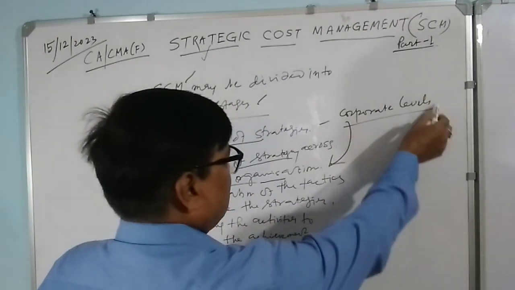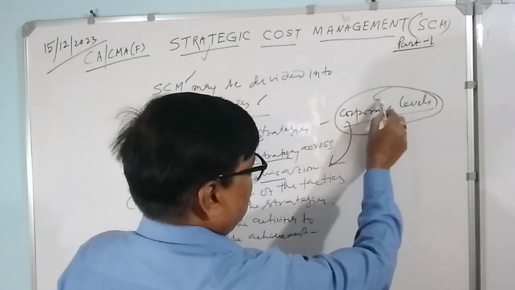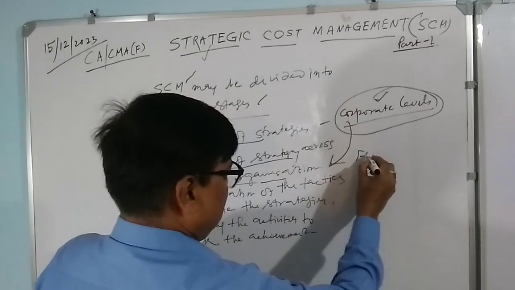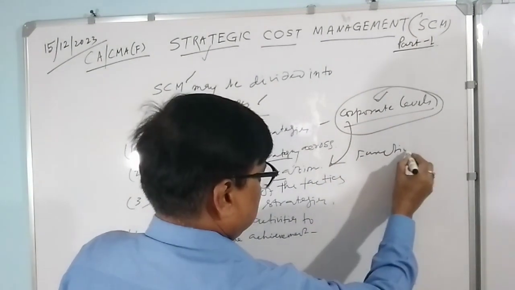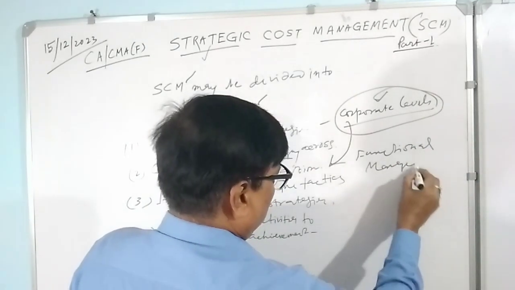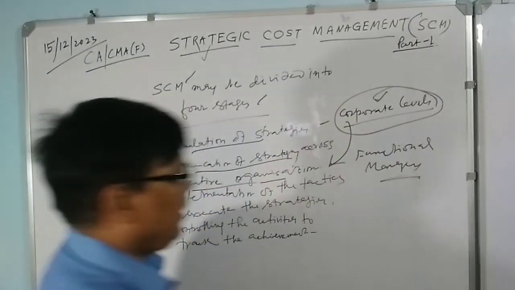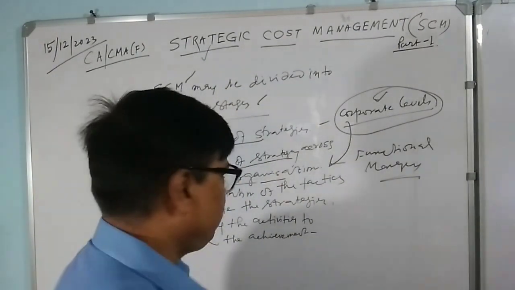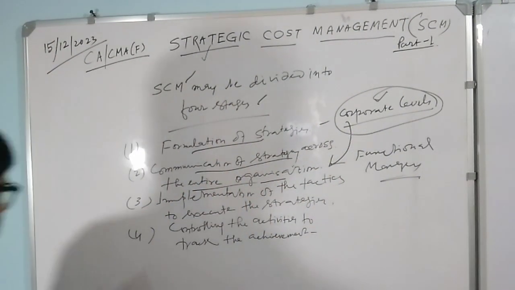Otherwise, what is the use of making the strategy? You will be held in one place. So these functional managers will not know what strategy is being taken by your corporate level, and that should be implemented by your different departments.